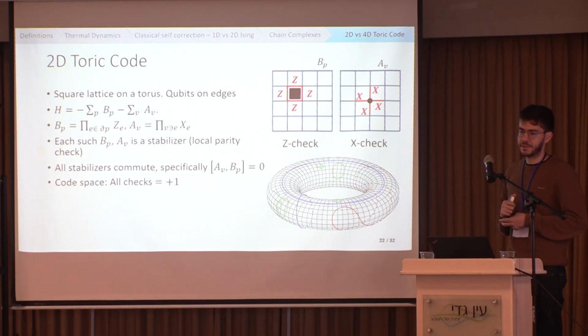Checks are stabilizers. Checks are like the constraints we were talking about yesterday. It's basically checking that the state that we're talking about sits in some subspace, meaning you force the state to have eigenvalue 1 for those operators.